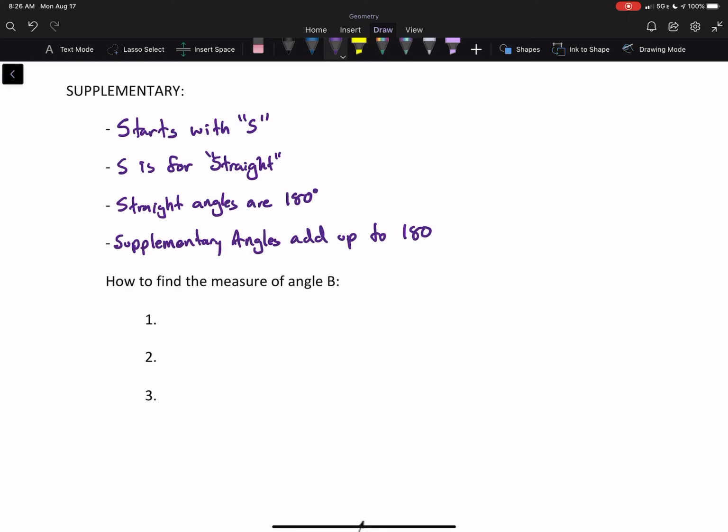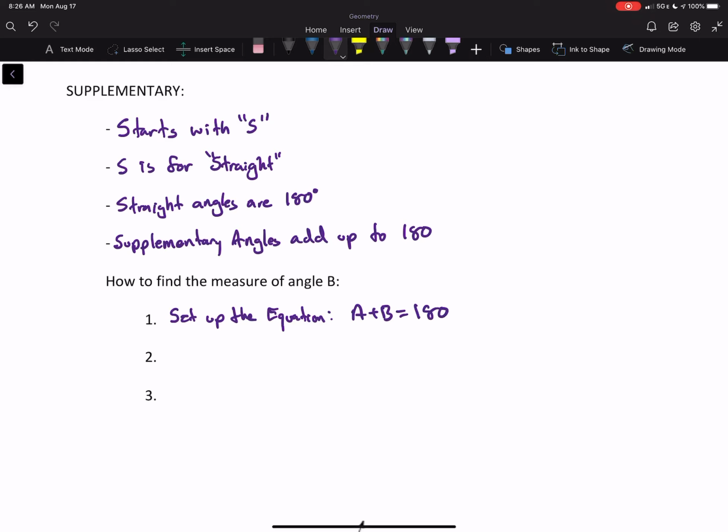So the way to find it is going to be almost identical, except we're going to sub out the 90 for 180 degrees. Step one, we're going to set up the equation. That's going to be A plus B equals 180.